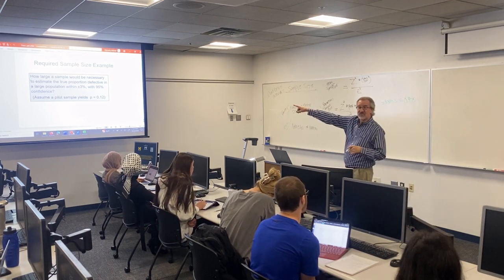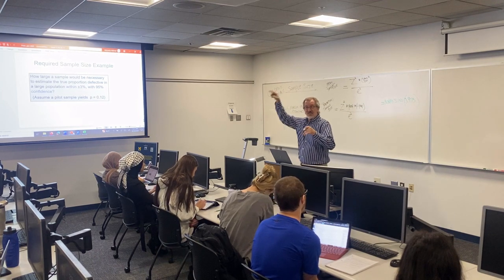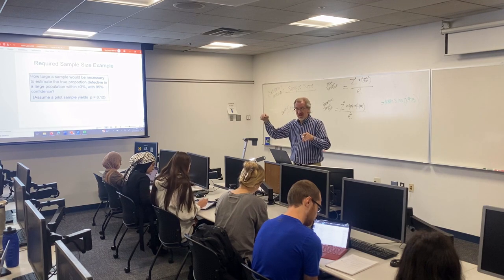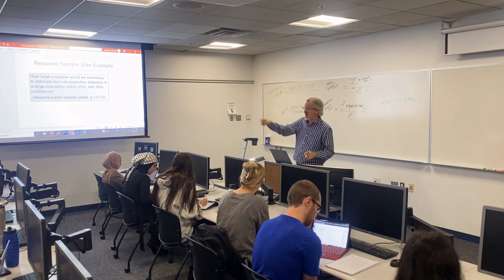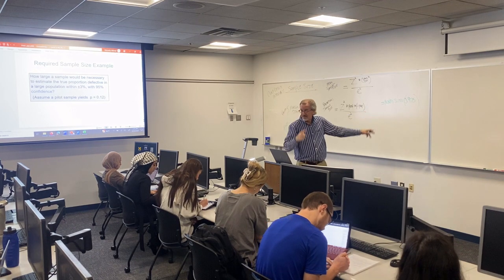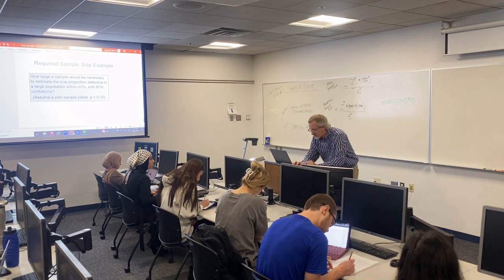Because it said 95% confidence, the significance is the opposite, 5%. We divide the 5% in half, which is 2.5%, add it to the 95. 97.5%, 0.975.